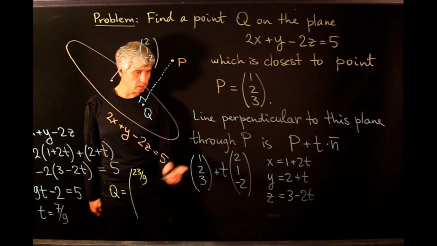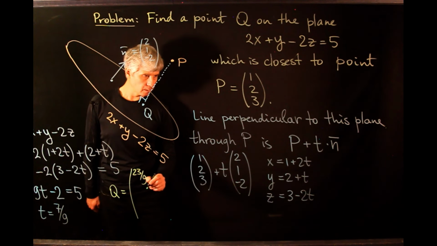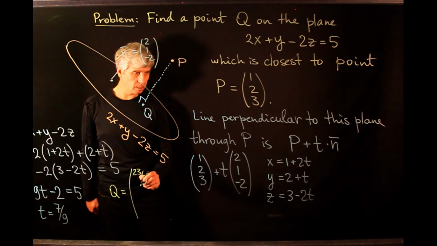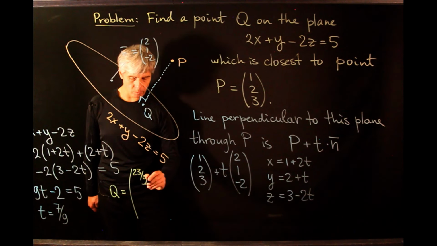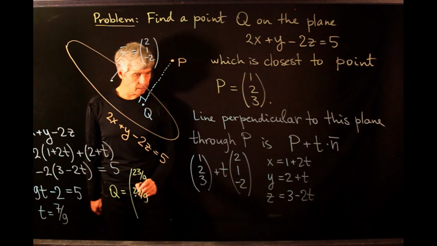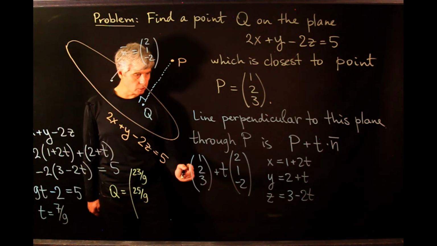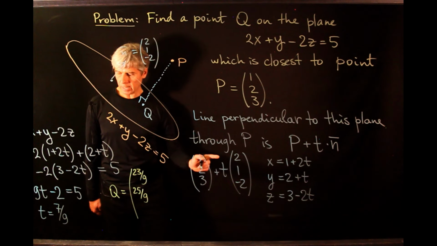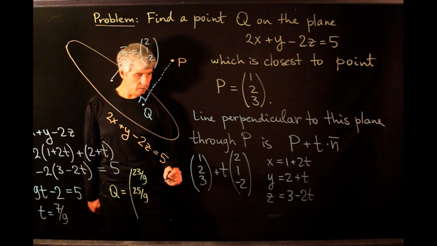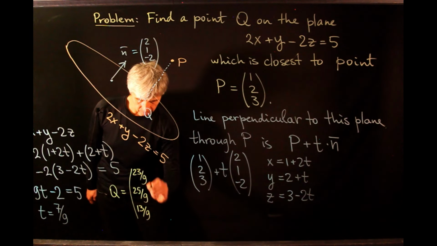Then y is 2 plus 7 over 9. So this is 18 plus 7 over 9, so that's 25 over 9. And for z, we get 3, which is 27 over 9, minus 14 over 9. So we get 13 over 9.